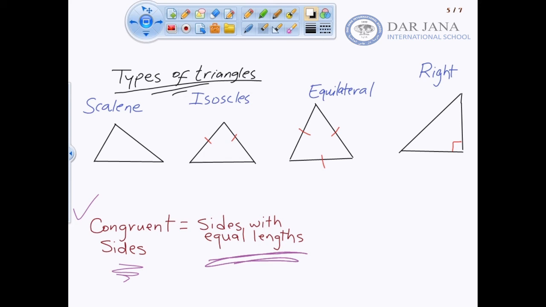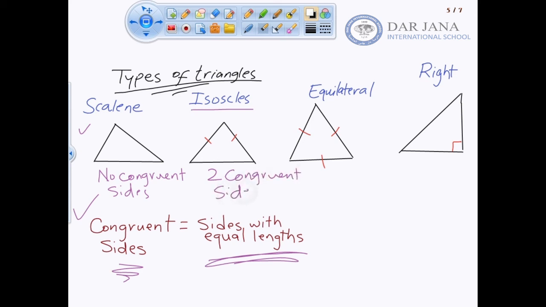In a scalene triangle like this one, there are no congruent sides. That means none of the sides are equal. Then comes the isosceles. In an isosceles triangle, you have two congruent sides.